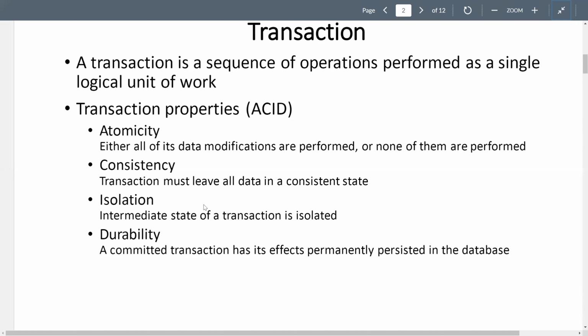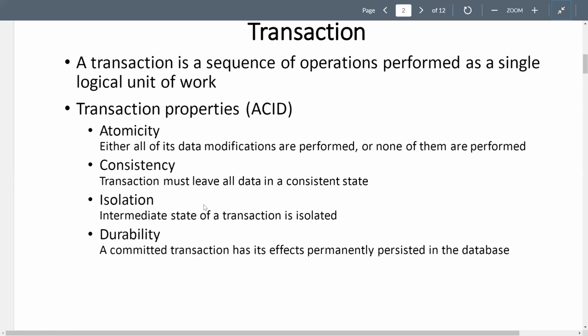Isolation simply means when a transaction is doing work, it will go through several steps, and the results of the intermediate steps cannot be seen by other concurrent transactions. So think about our money transfer transaction, right? There are two steps.